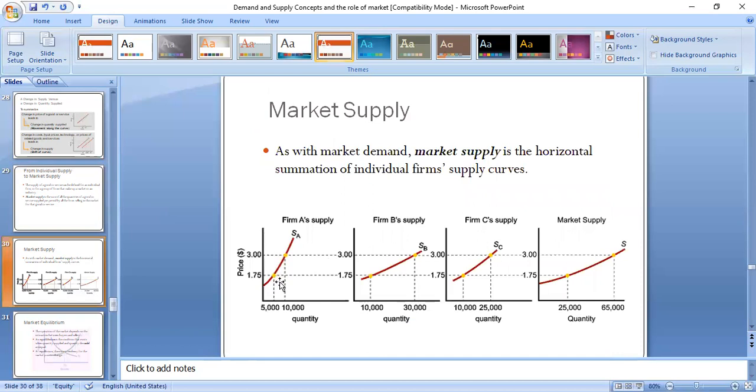Like we saw under demand, we have individual supply, for example, supply of soybeans: the individual supply for one supplier, for the second supplier, for the third supplier. And when we sum up all these, we come up with the market supply curve, right?